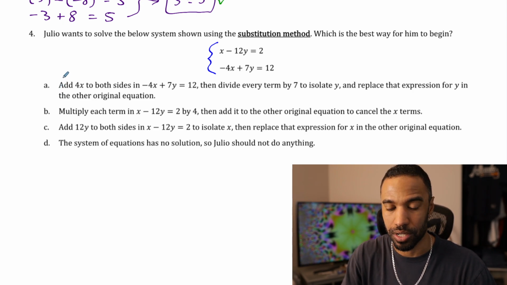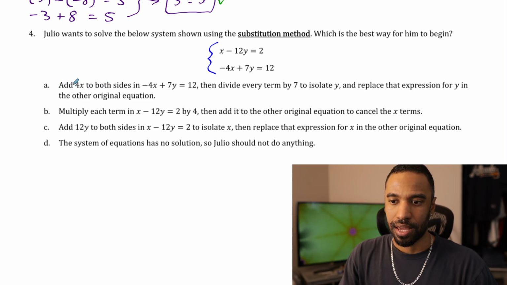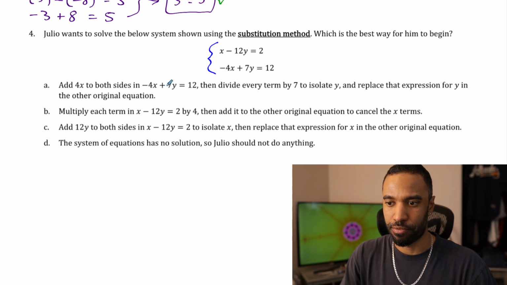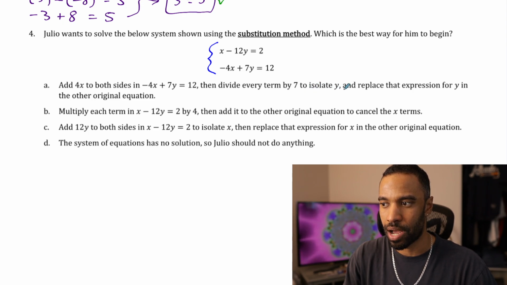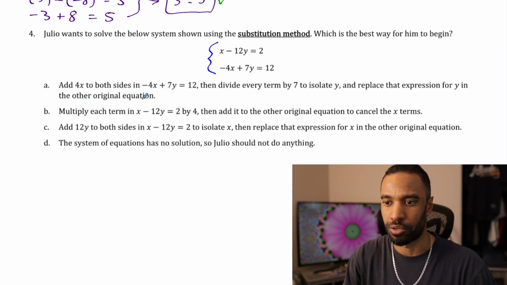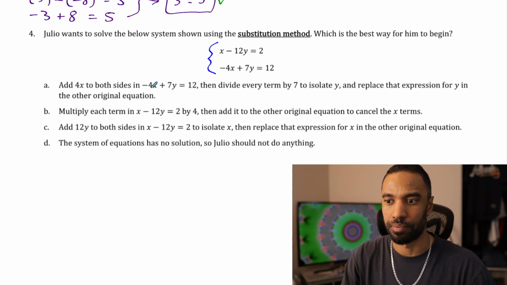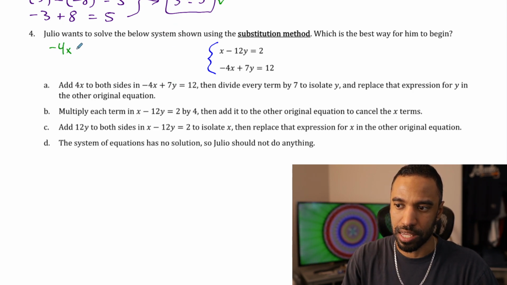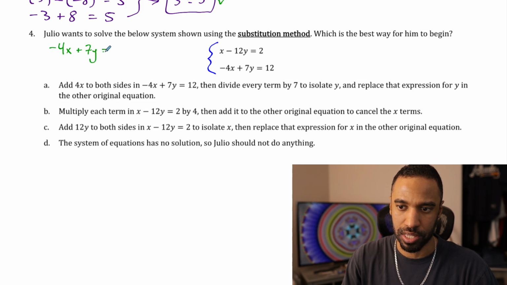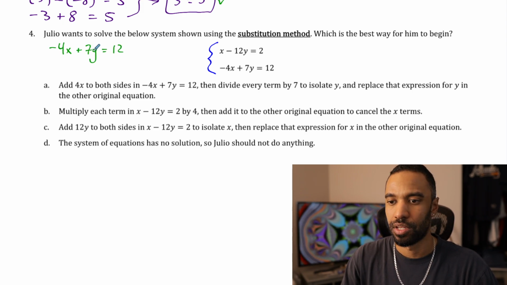A, add 4x to both sides in negative 4x plus 7y equals 12, then divide every term by 7 to isolate y, and replace that expression for y in the other original equation. That's a lot to read, so let's see what they're asking you to do. Negative 4x plus 7y equals 12. That's the bottom equation. They're stating, hey, should we do this?